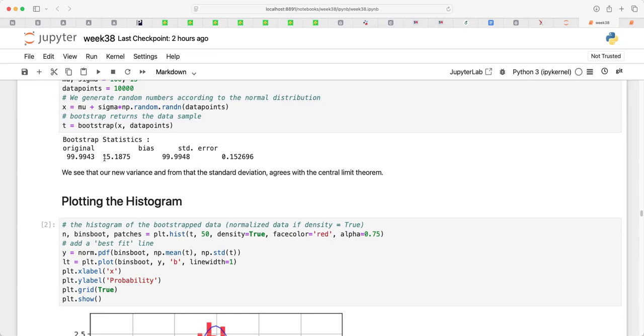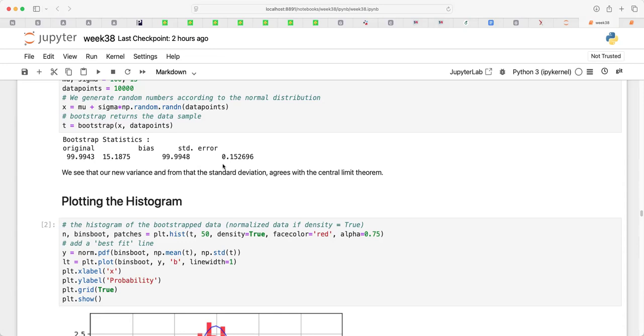If I do plus minus 2 times 15, then I have roughly 90% confidence. Here, due to me having produced more data in a cheap way, I am shrinking the standard deviation of my expected values. So here I would say that with bootstrap, I am now confident that I have 99 something, plus minus 0.15 as my error, one standard deviation.